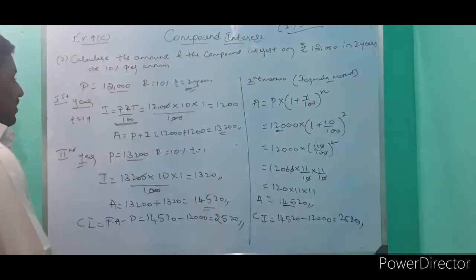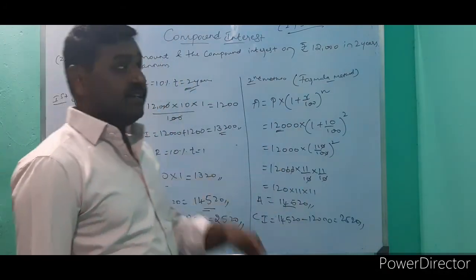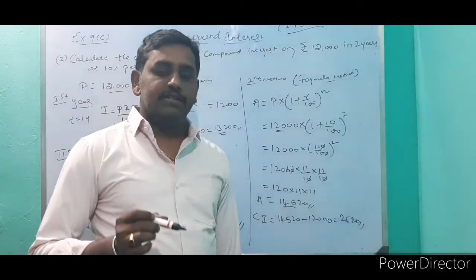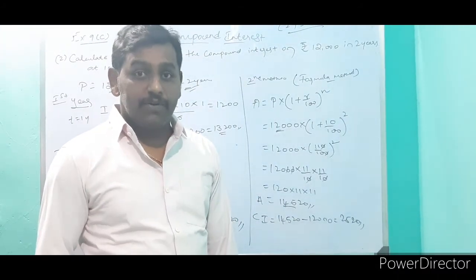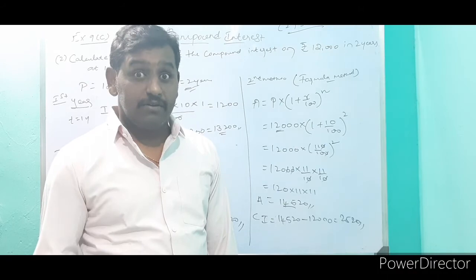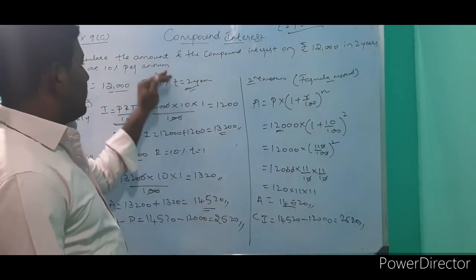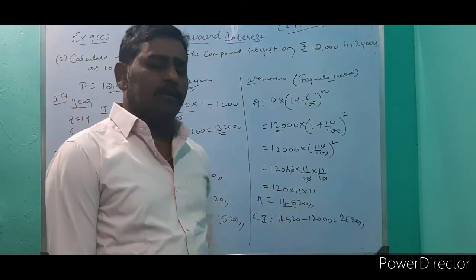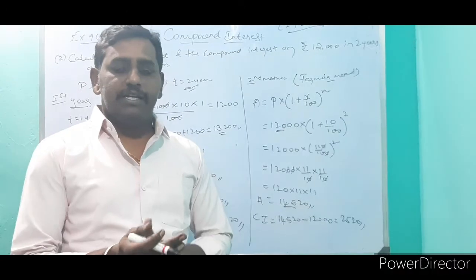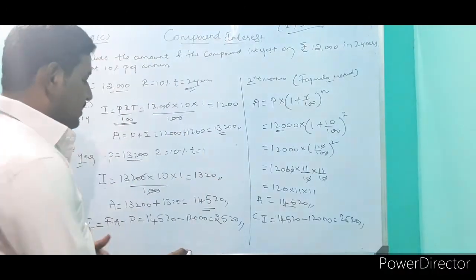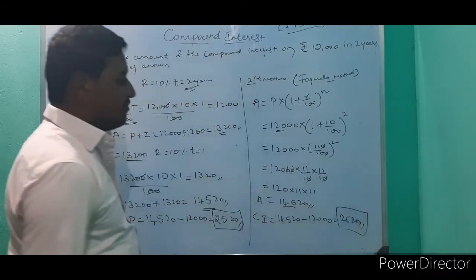Suppose in the first problem of exercise 9C they are asking separately for the principal amount for the second year and the interest for the first year, then you can go for the direct method. If it is given like the formula, you can choose the formula method and solve, no problem. You will get the same answer only. Look at this: here also the answer is the same, here also the answer is the same.